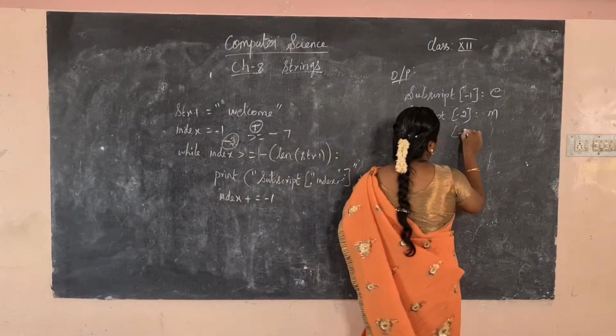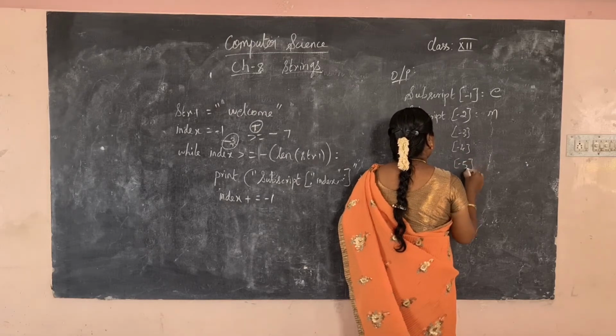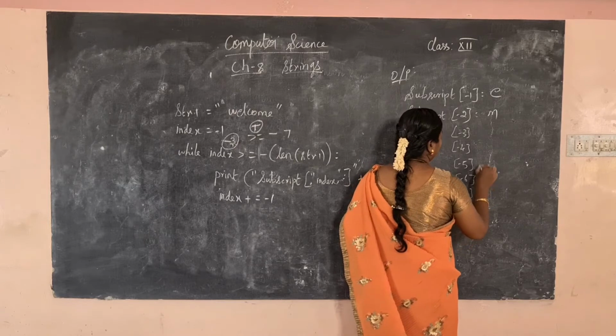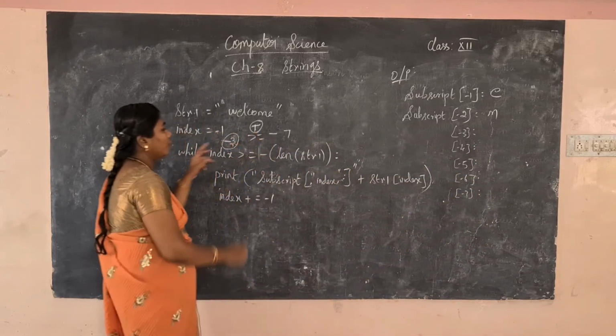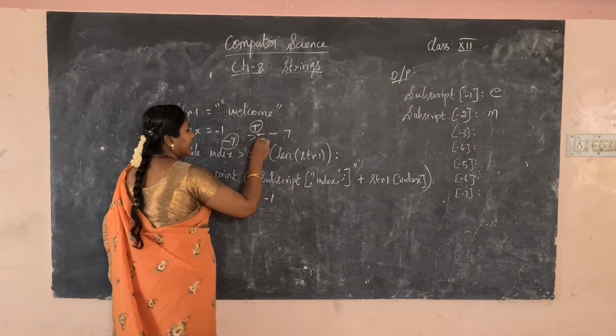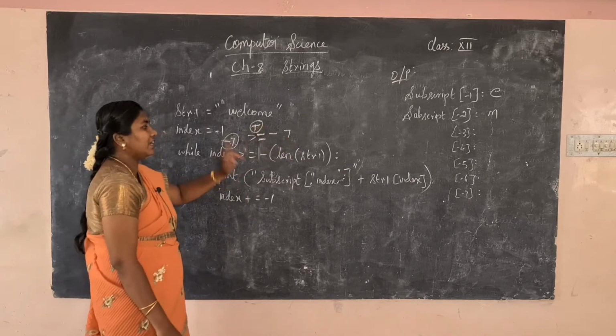So up to -3, -4, -5, -6 and -7 I will have, because only up to this the condition will be true. I have given greater than or equal to, so -7 is equal to -7, therefore the condition is true.